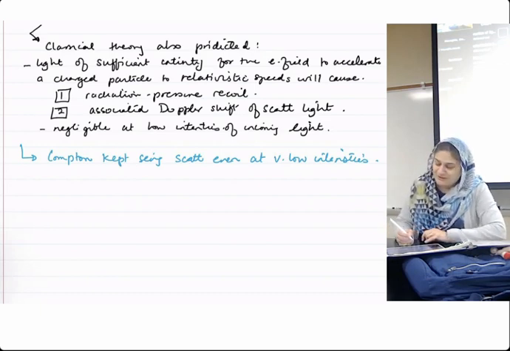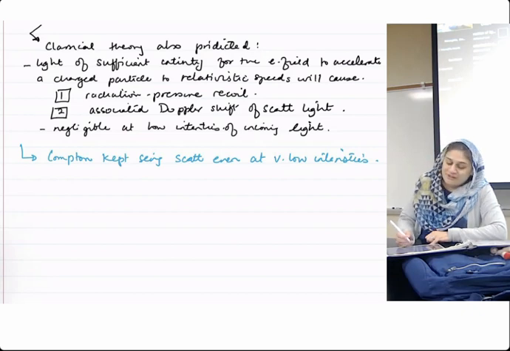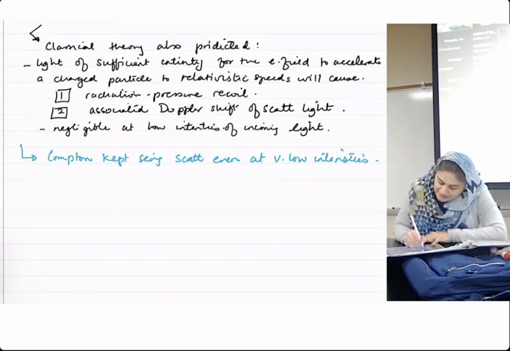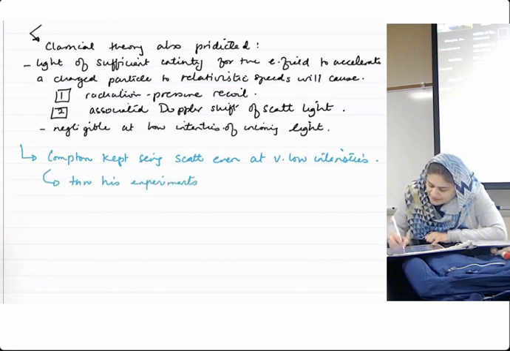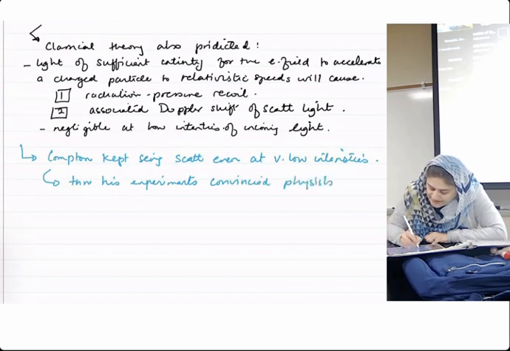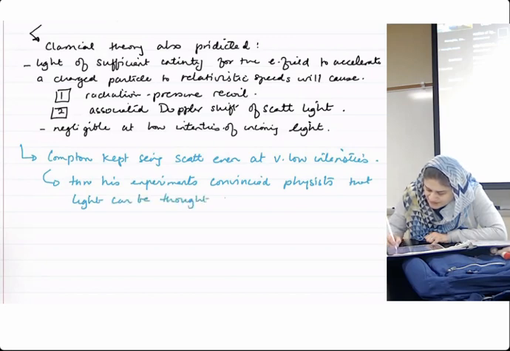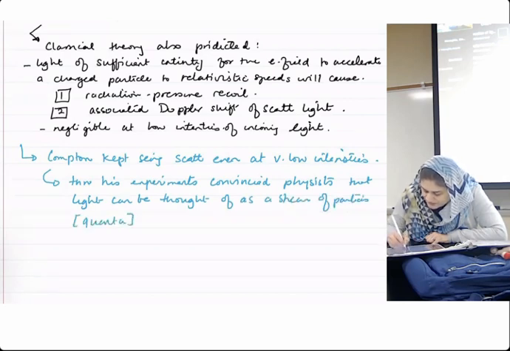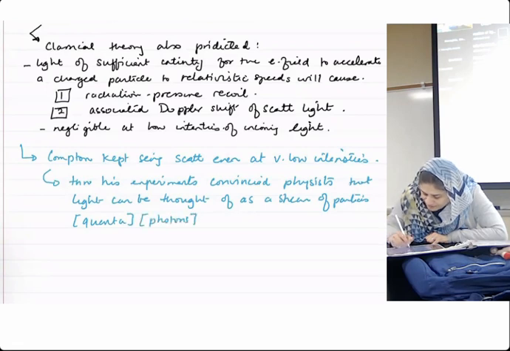Okay, so shall we write that down? Through his experiments, he convinced physicists that light can be thought of as a stream of particles, quanta, or photons with energies proportional to f.